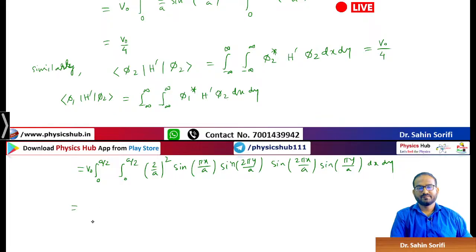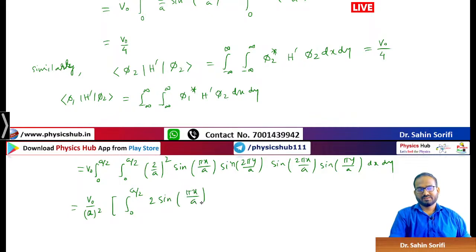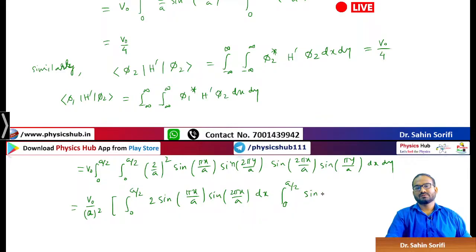Again, you can just separate these integrations, V naught by a square, x part 2 sin pi x by a sin 2 pi x by a dx, other part sin 2 pi y by a sin pi y by a dy. This 2 square was there.